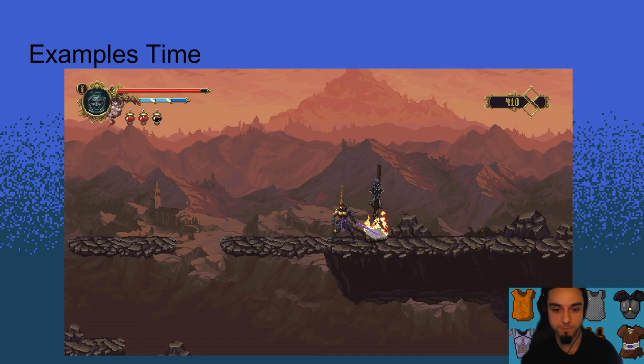Again, in Blasphemous, we can see the same thing. Both the mountains here and the monastery and even the ground that our character is walking on have light that comes from this direction. This gives the world a consistency, makes it easier to understand, for example, what is foreground, what is background.